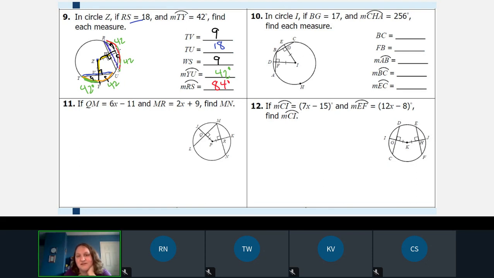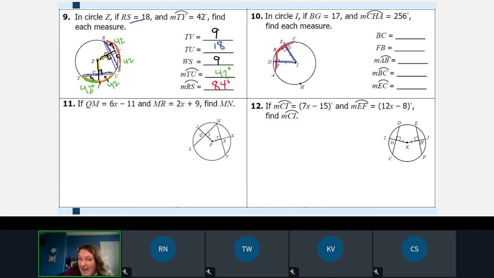All right, number 10. In circle I, BG is 17. All right, so this piece right here is 17. Let's just deal with the lengths for a moment. So if BG is 17, and I see that EI is congruent to DI, then that means that chord BC is congruent to chord BA.